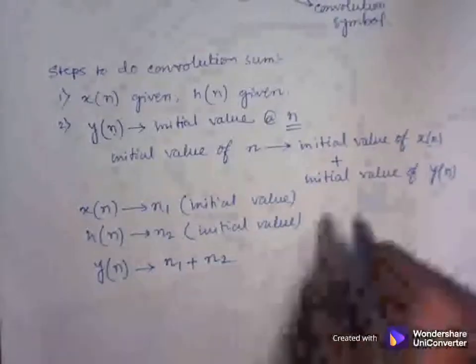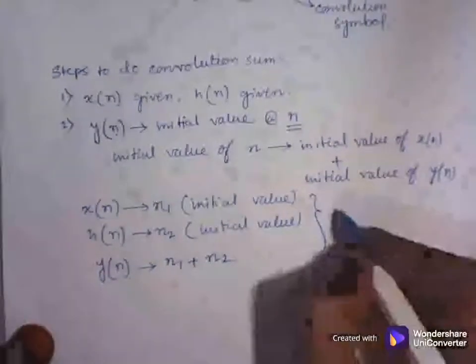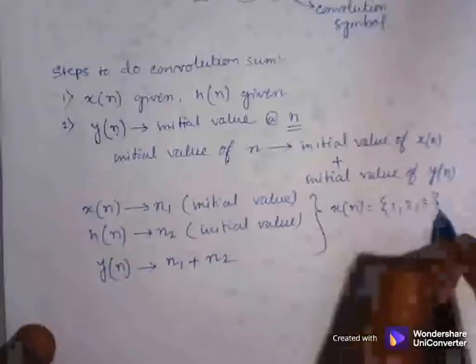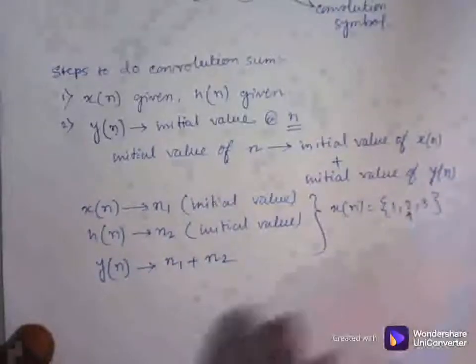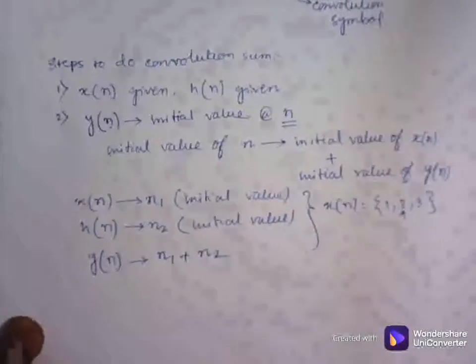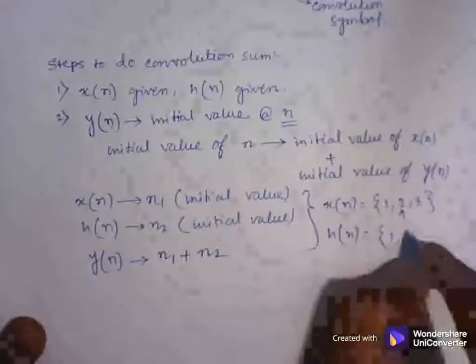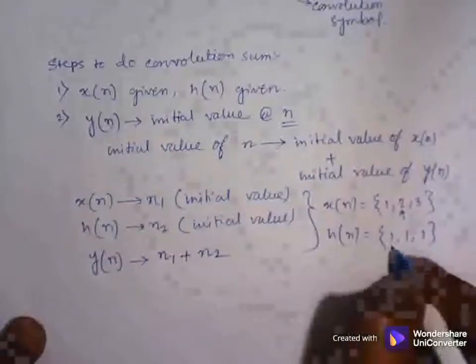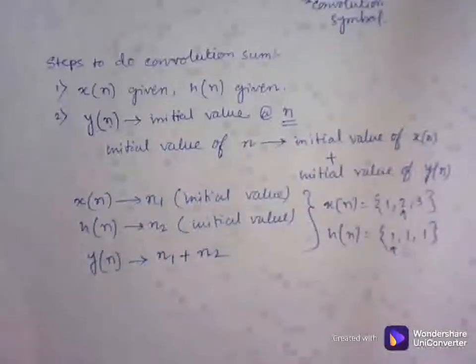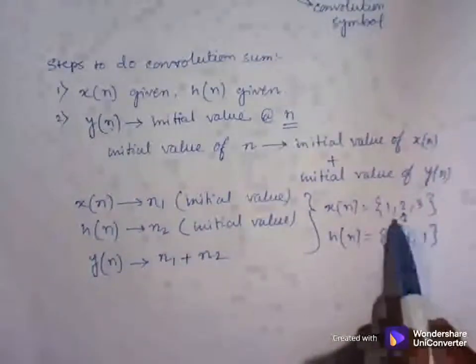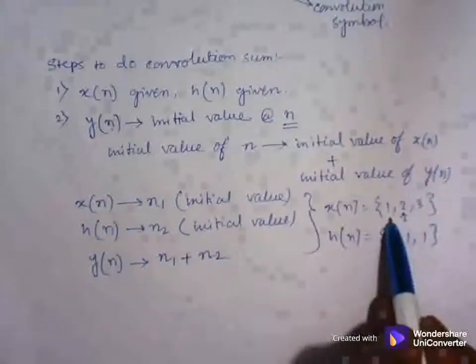Suppose I am giving an example, x of n equal to 1, 2, 3, which starts from this point. h of n is equal to 1, 1, 1, started from this point. Initial value doesn't mean the origin's value. The origin value is 0, but the initial value is where the signal is initiated.